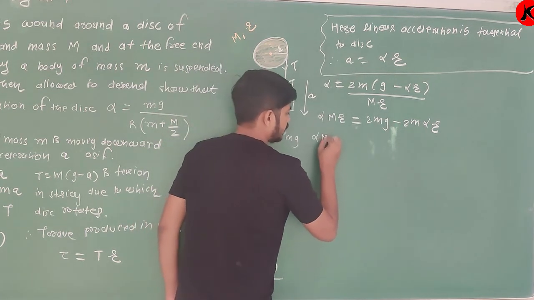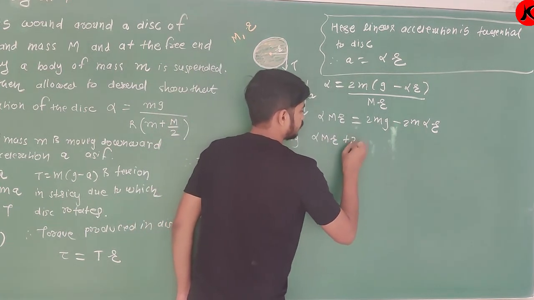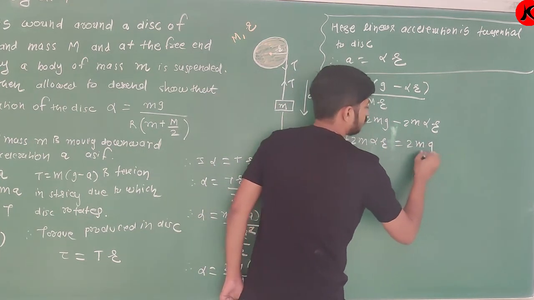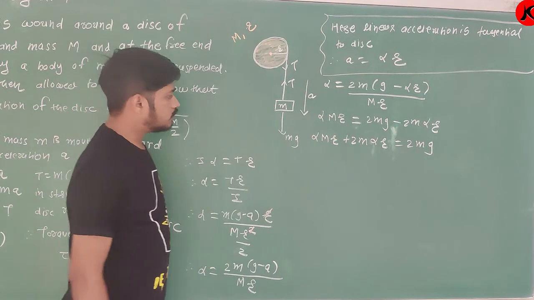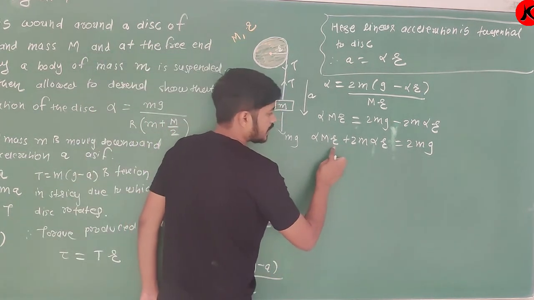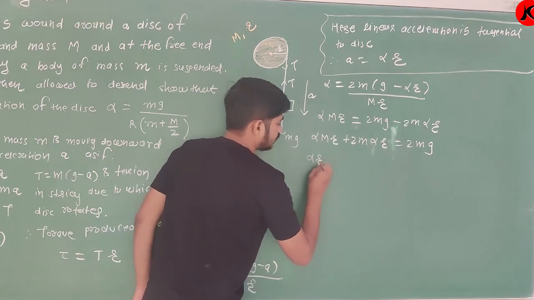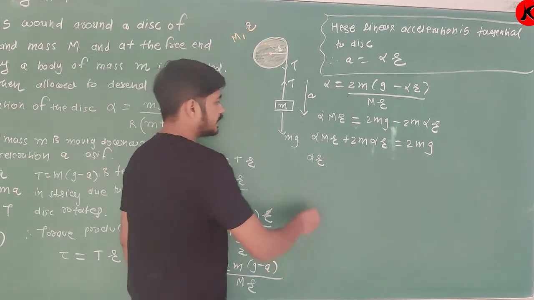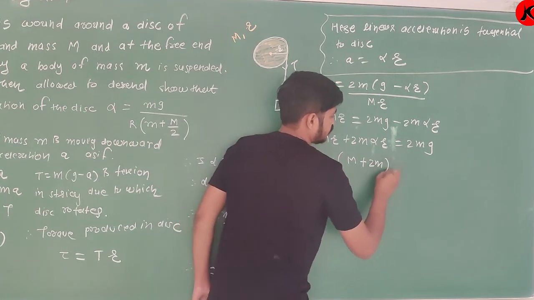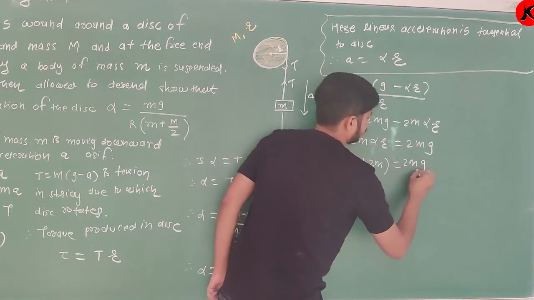So alpha r plus 2 alpha r is equal to 2g. Simple. Now take alpha r common.